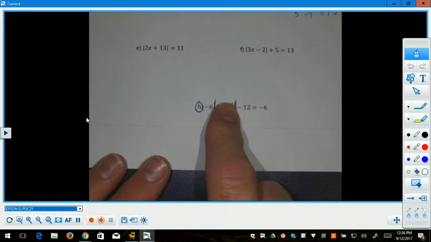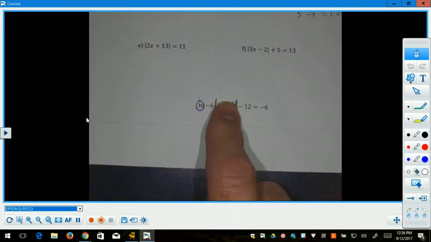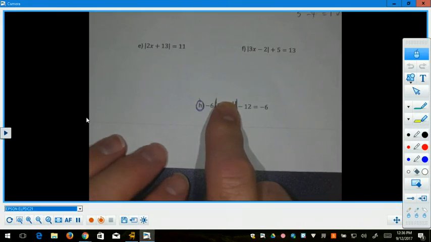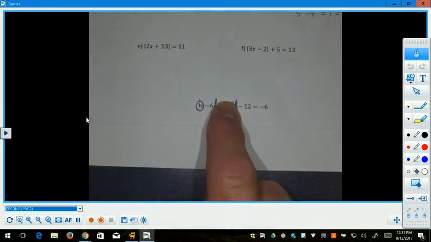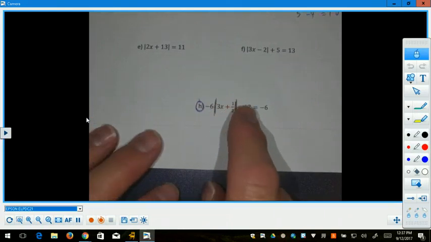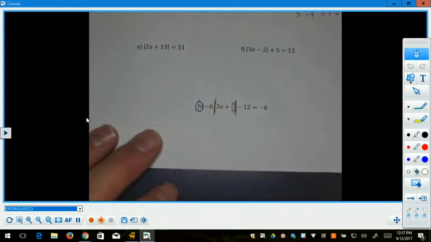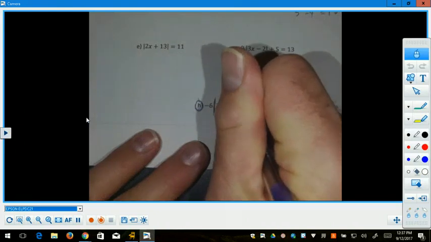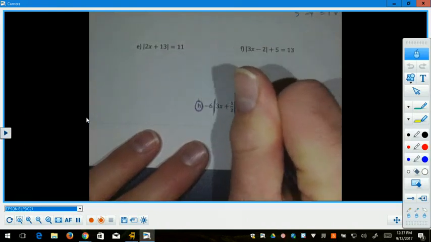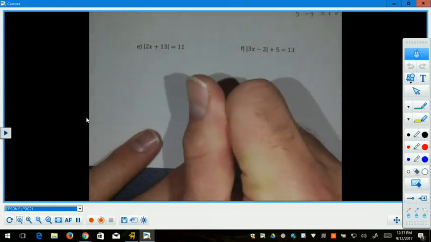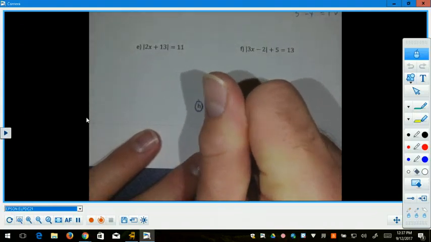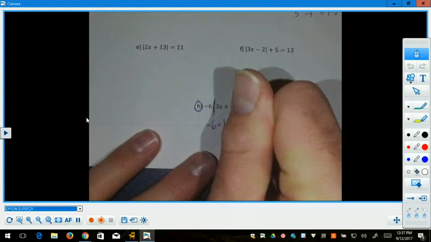So what do I need to get rid of first? The negative 6 and the negative 12. Which one am I going to get rid of first? The negative 12, because it's subtracted, whereas this one's multiplied. So I'm going to add 12 to both sides, giving me 6 on the right-hand side and leaving me with negative 6 times the absolute value of 3x plus 1/2.